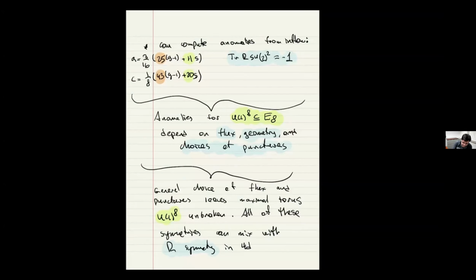Okay, something that was implicit in what I was saying: you can ask, what is this R symmetry? This R symmetry is the Cartan of the 6-dimensional R symmetry, which we inherit in all these compactifications. In the minimal SU3 conformal matter, there were no abelian symmetries. So that was the only R symmetry that we could have.